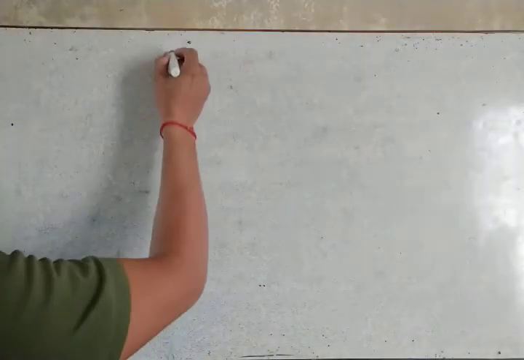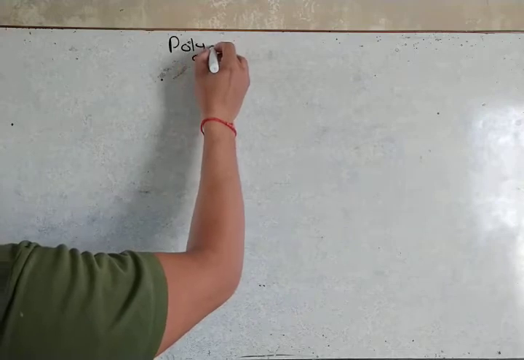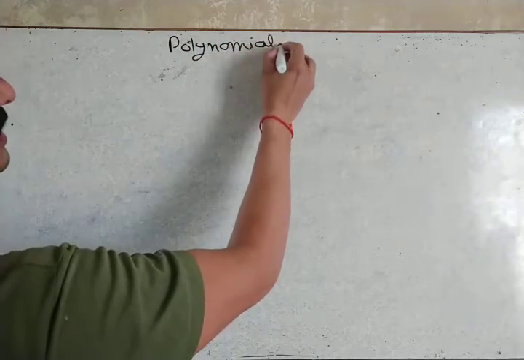Welcome students. This is the second video for the polynomials class 10th, and in the first video we observed the curve and found out the zeros of the polynomials.